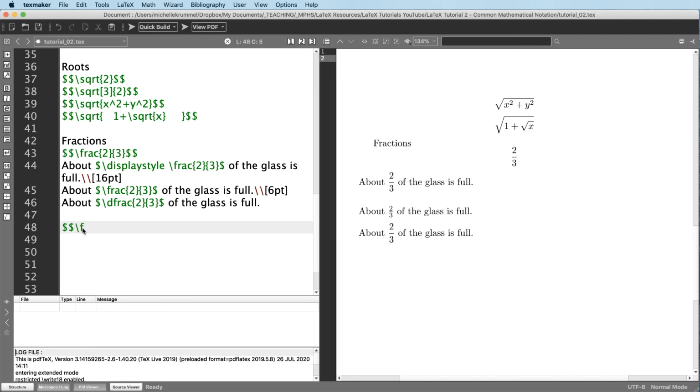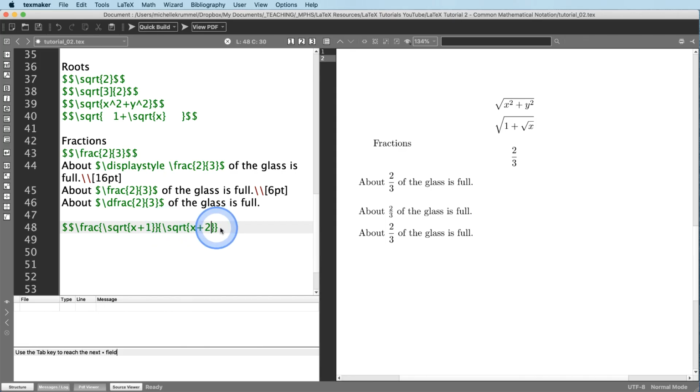So we'll start with fraction. Fraction, like so. In the numerator, we want the square root of x plus 1. So backslash square root, like so, x plus 1. That's my numerator. Then here is my denominator. So we're going to do square root x plus 2. And then close our dollar signs.